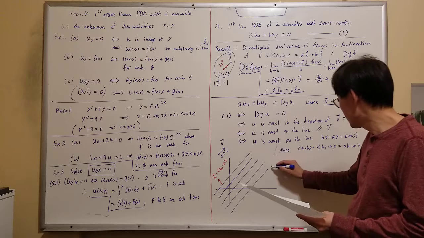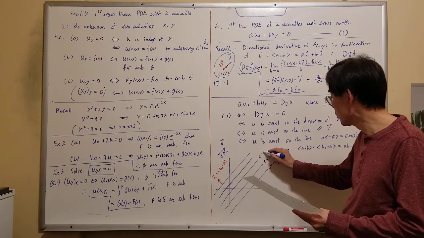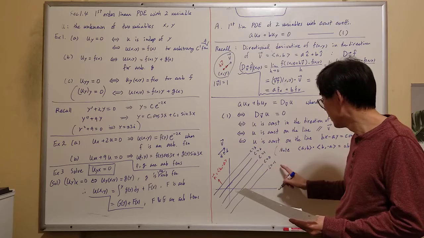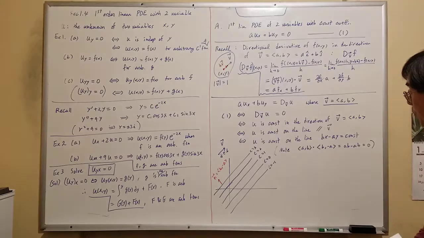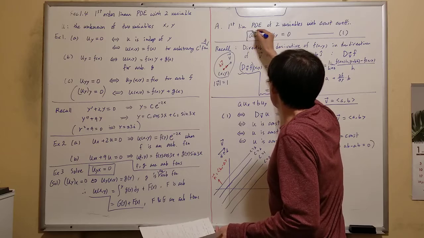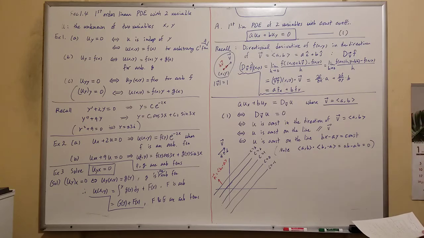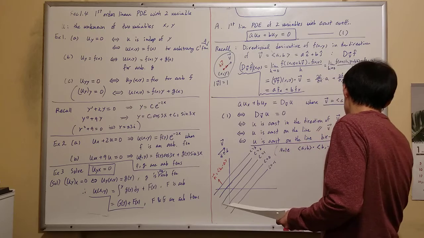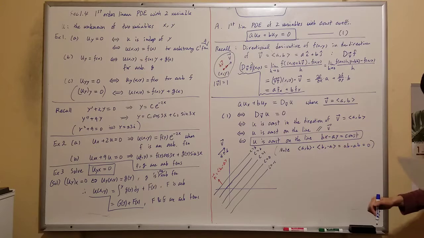I could write c equals -1, c equals 0, c equals 1, c equals 2, c equals 3, different c values, and these are the cases, right? So again, the solution of this first order linear PDE with constant coefficients has to be constant on this kind of line.